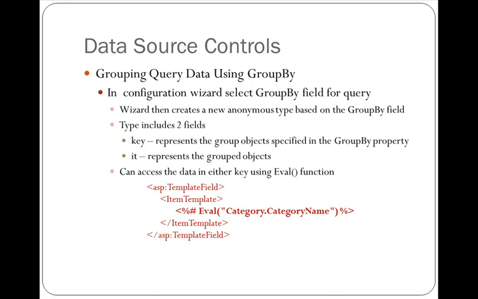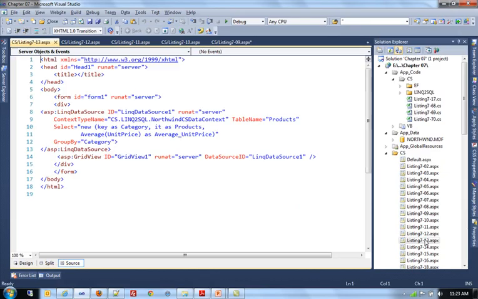The first is the key, which represents the group object specified by the group by property, and the second is it, which represents the grouped objects. You can also add your own properties to the type and execute functions against the group data such as average, min, max, and count.